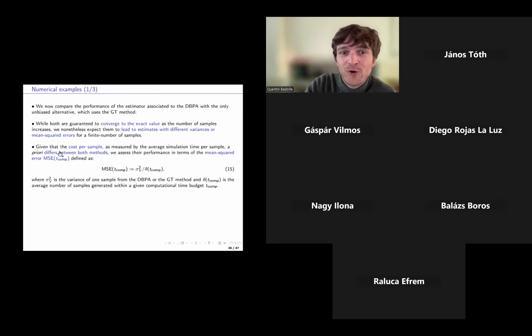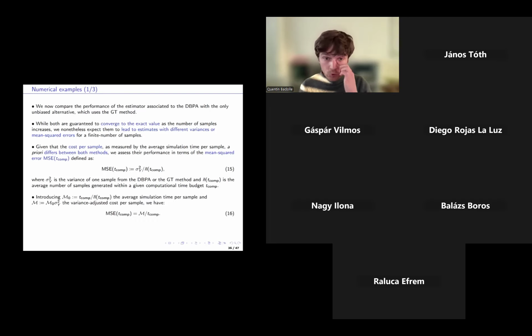And because you have to take into account the variance and the cost per sample, we introduce this MSE at T computational, which is the variance of one sample from the DBPA or Girsanov transform divided by n bar T comp, which is just the average number of samples generated with a computational budget T comp.